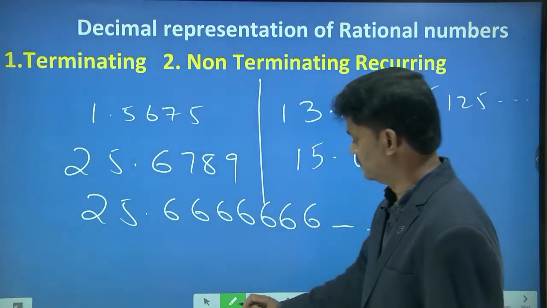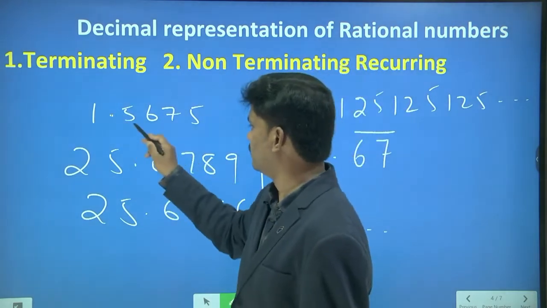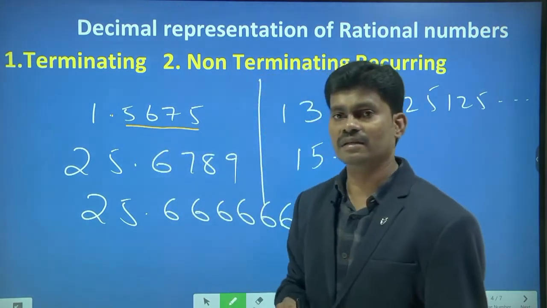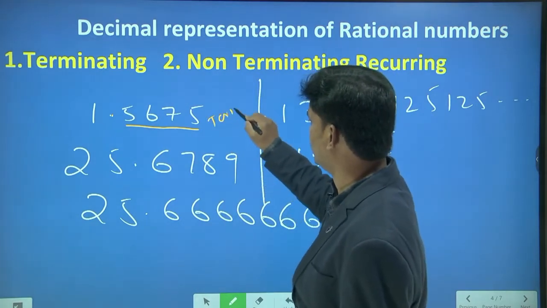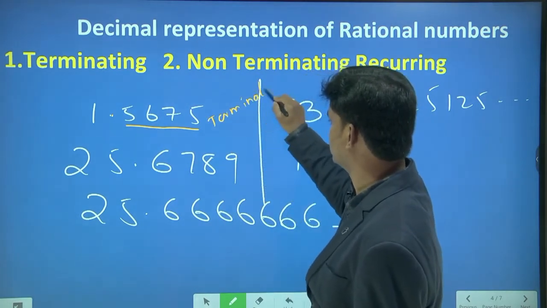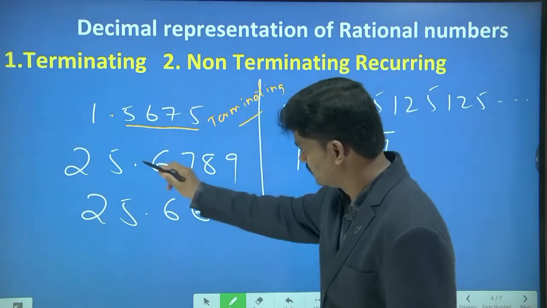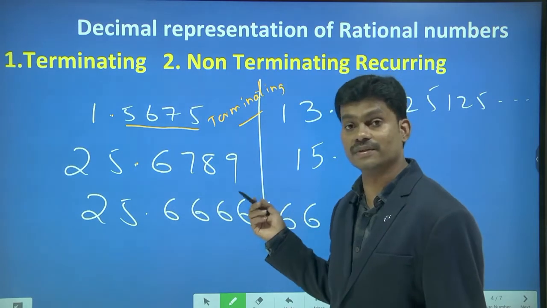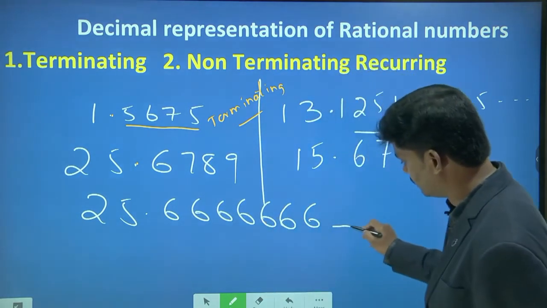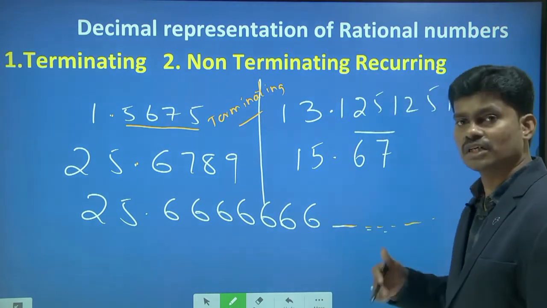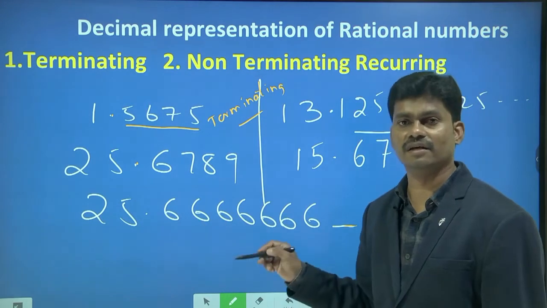Please check these decimals. The first one, after the decimal, has some limited digits. So obviously we can call it a terminating decimal. This is also a terminating decimal; there is no 'and so on' here. And what about this third one? Here we have given 'and so on'. There is no end. 6 is repeating or recurring.